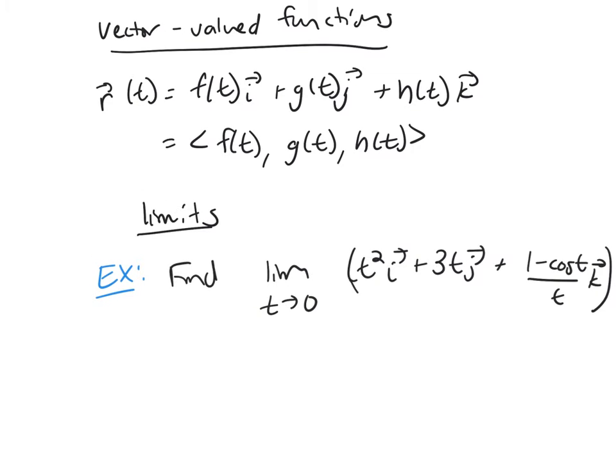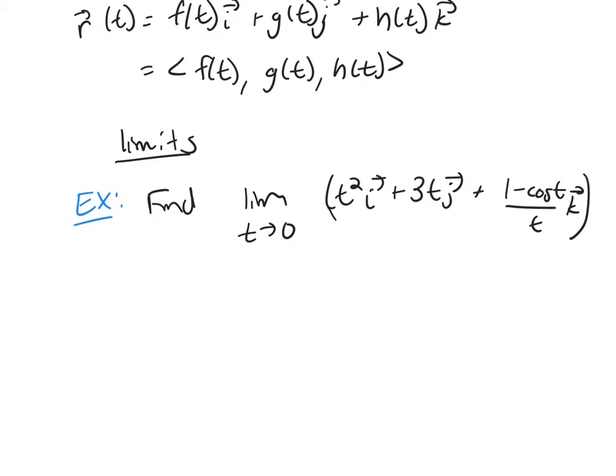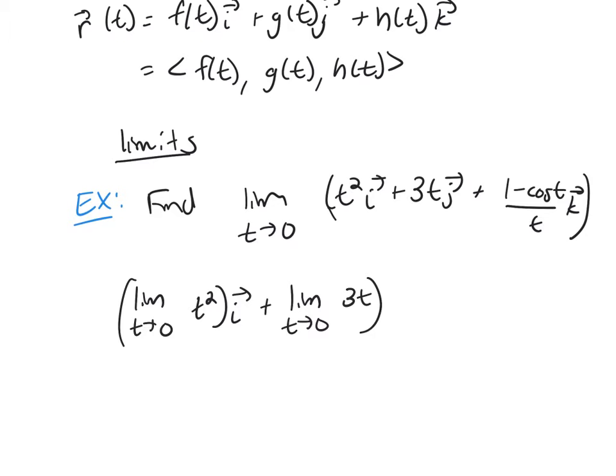Well, when you're taking a limit of a vector valued function, you just take the limit in each component. So I'm looking at the limit of t squared i plus the limit of 3t j plus the limit of (1 minus cosine t) over t k.